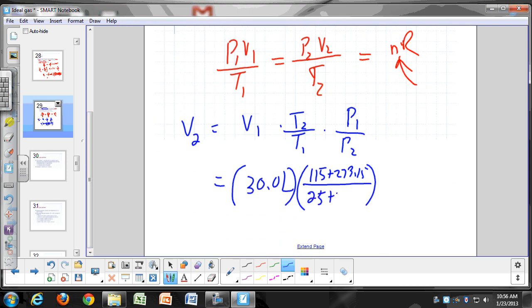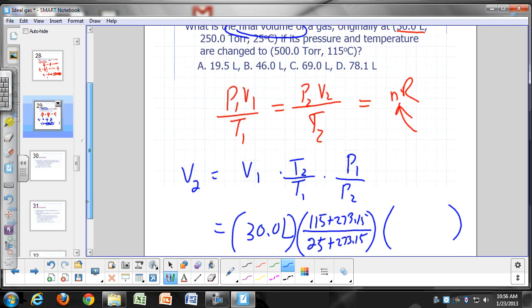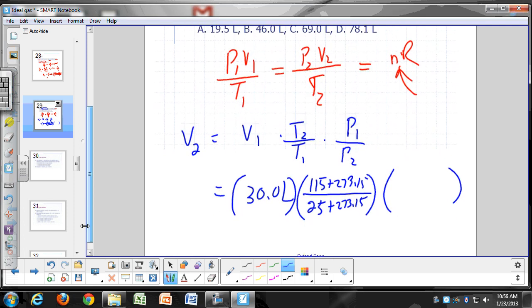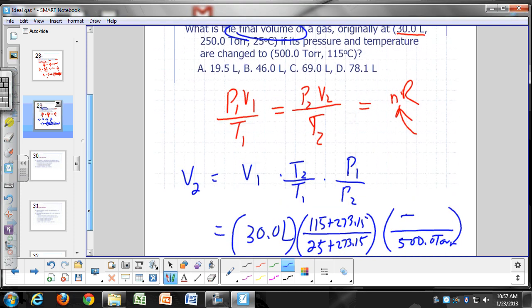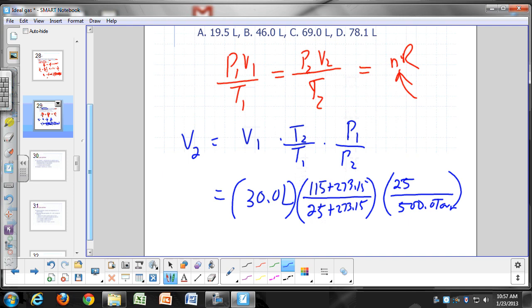So 25 plus 273.15. What's our final pressure? 500 torr. 500 torr goes down here. Initial pressure is 250. Okay. And what should that give you?